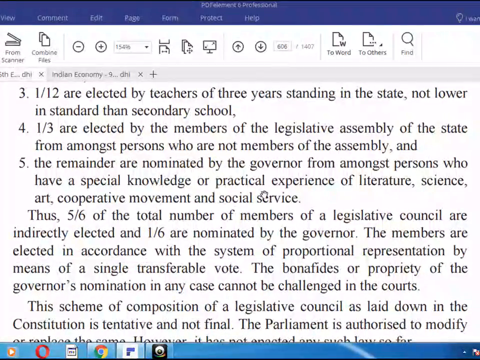One-third are elected by the members of the Legislative Assembly of the state from amongst persons who are not members of the Assembly. The remainder are nominated by the governor from among persons who have special knowledge or practical experience in literature, science, art, the cooperative movement, social service, etc.